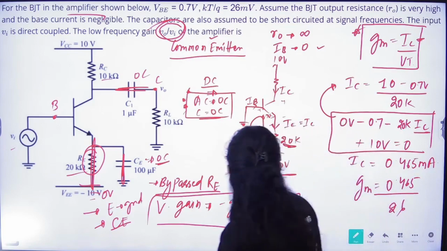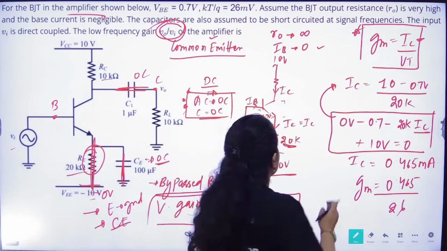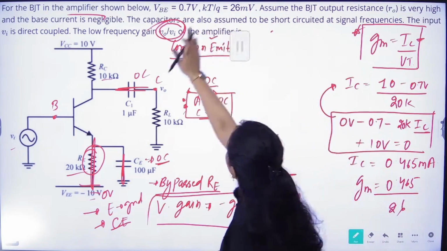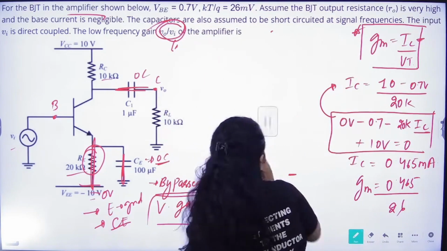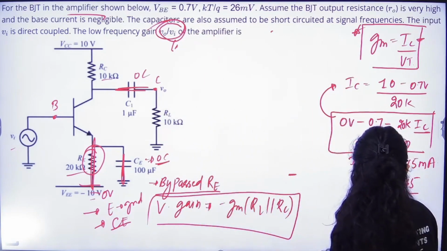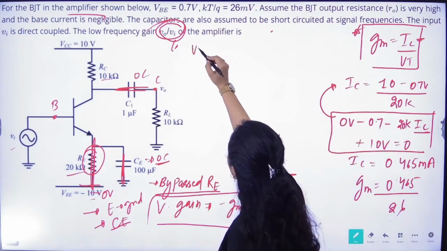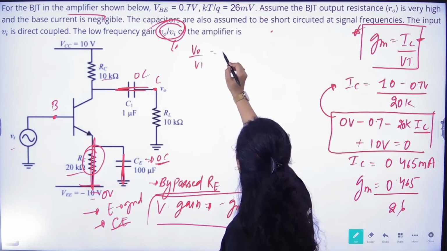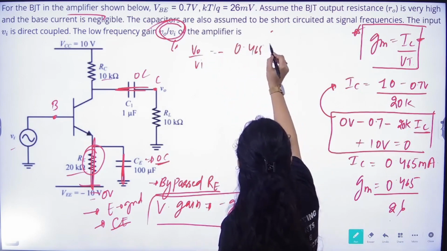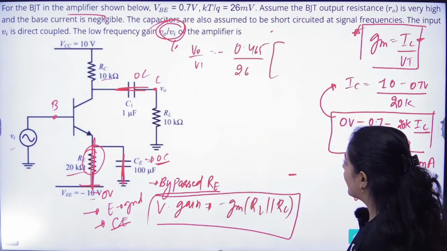Now if I know the value of GM, I can put everything into the formula. I am erasing this DC analysis. So gain V0 by Vi is equal to minus of GM, 0.465 divided by 26, into RL parallel with RC.